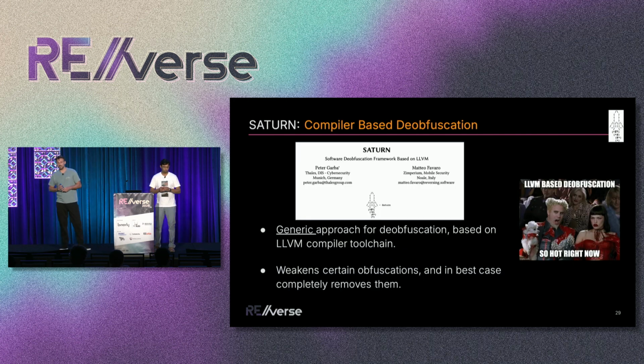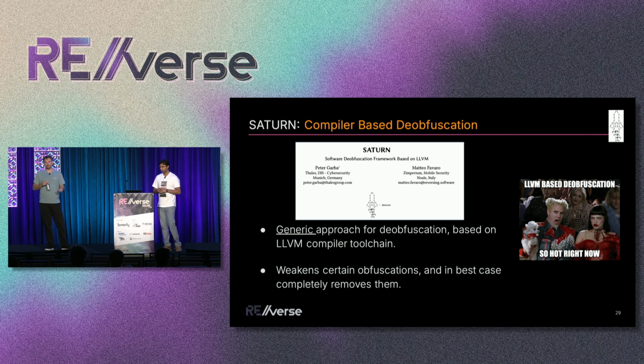In 2019, Matteo Favaro and I released a paper about binary de-obfuscation based on LLVM. What we noticed back then is that compiler optimizations do a pretty good job at removing those kinds of patterns.